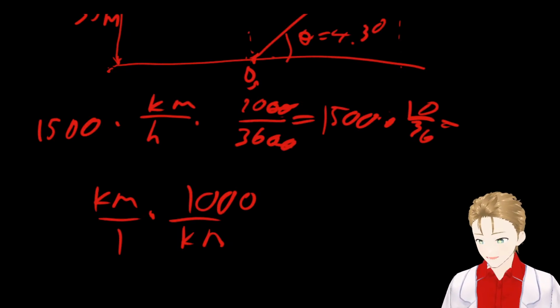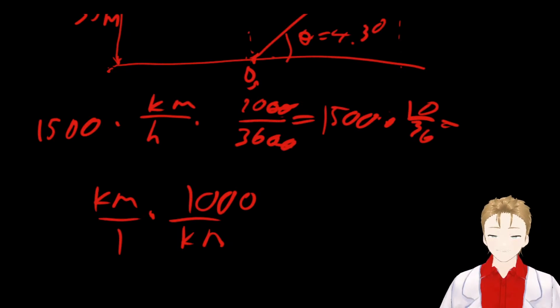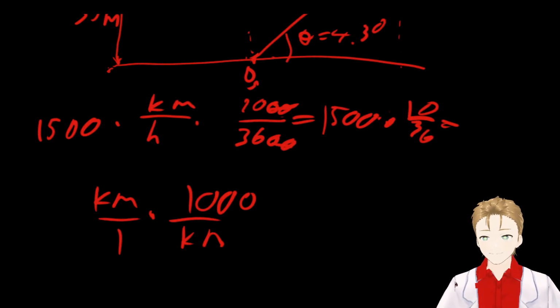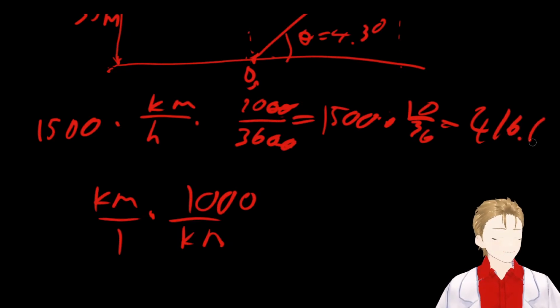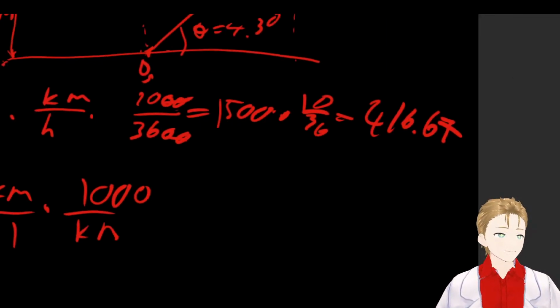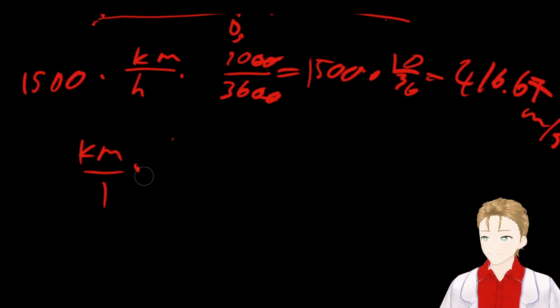That's a nice easy number. It's 1500 times 10 over 36, that is 416.67. Yeah, that's meters per second. Ta-da. That will work for the purposes of this.